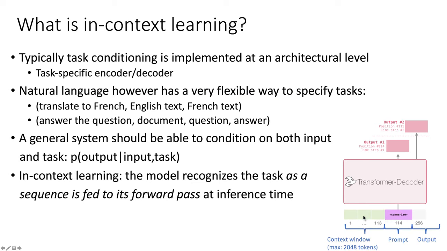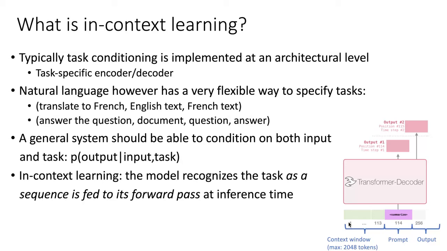But this is happening at inference time. So at inference time, you feed this green context window, which in the case of GPT-3 is of size 2048 tokens. So whatever you can fit in 2048 tokens is going to condition the output of the language model. And that's the in-context learning.